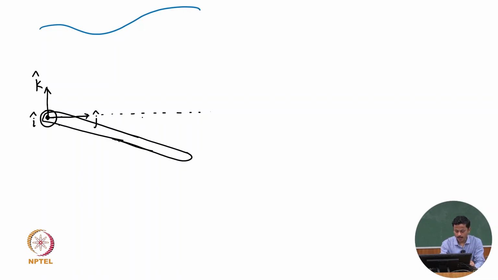Now at a location y from this origin, this location is the origin, hence any distance is being measured from here. Along the j cap direction at location y, we have the depth of the topographical feature, this bottom slanting feature that you see here, the bottom topography.